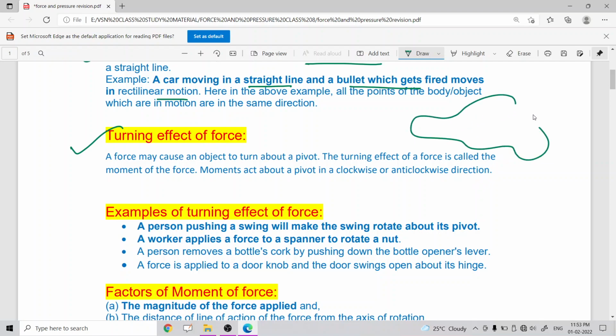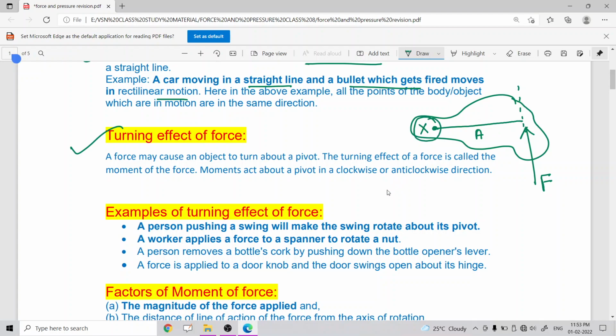If you take a body like this, and this body is fixed at a particular point, suppose this point is X, and you apply a force on the body, except at the point X. Also, there is some distance between the line of force and the fixed point X. Suppose this distance is a. So this applied force may cause an object to turn about a pivot. Here the point X is called the pivot.